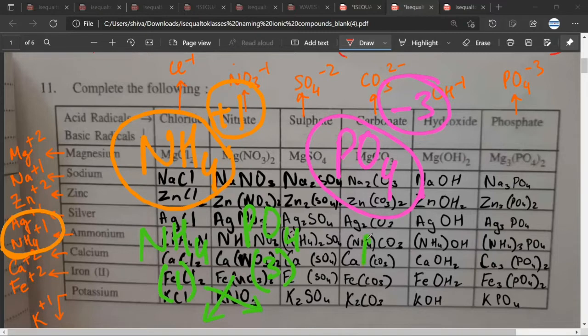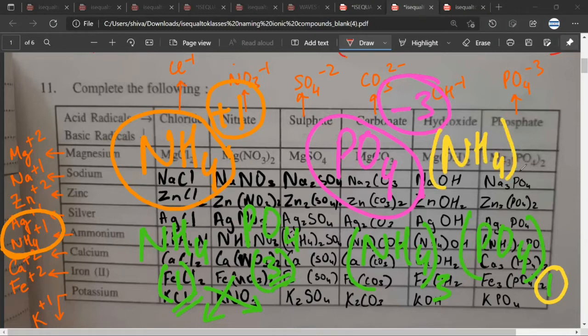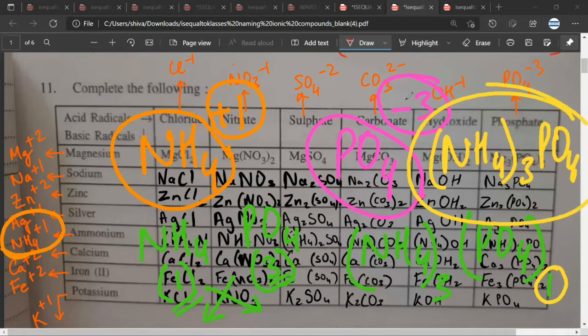You have NH4 here and PO4 here. This valency would be written like this, and this valency would be written like this. Like we have discussed, the 1 can be ignored, so the name of the compound would be NH4 thrice PO4, that is (NH4)3PO4. Any doubt? No doubt, sir.